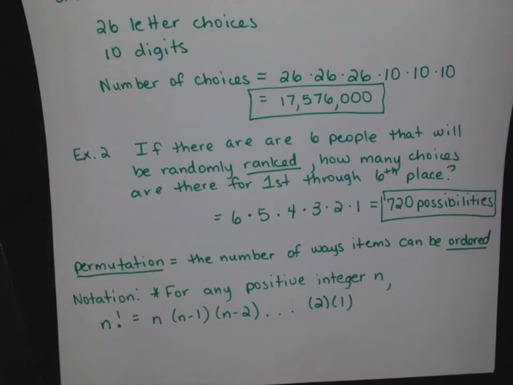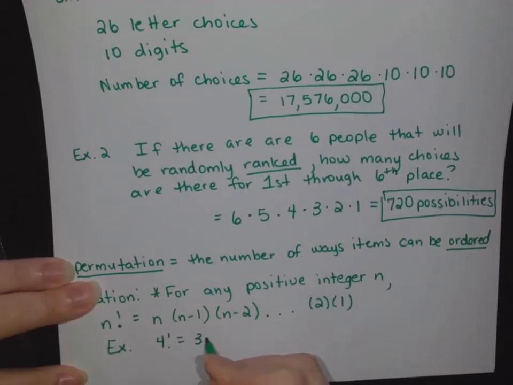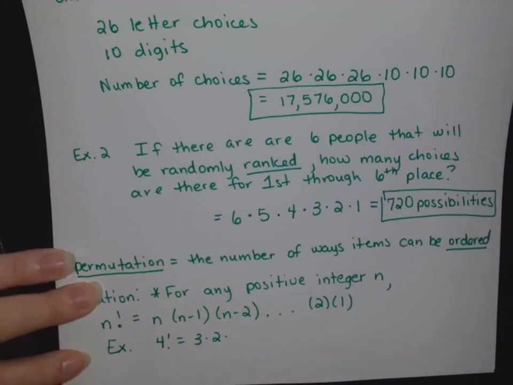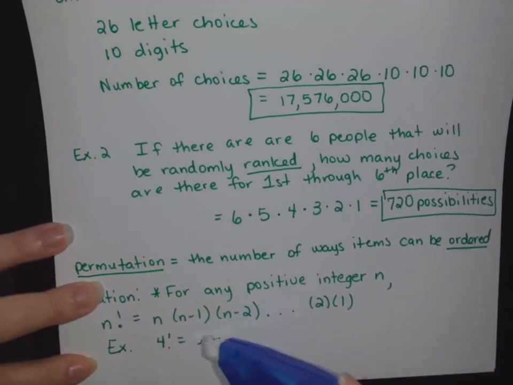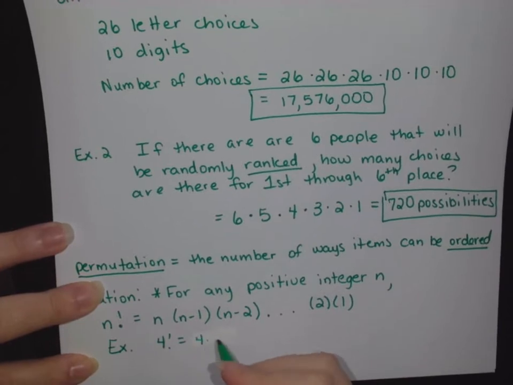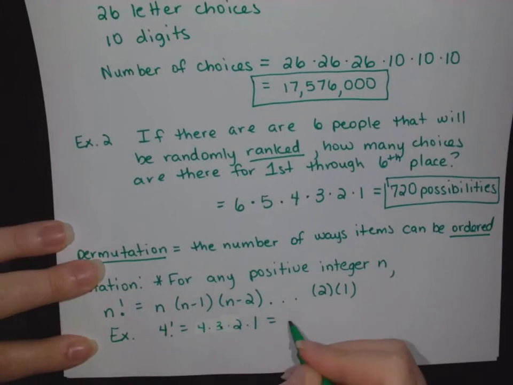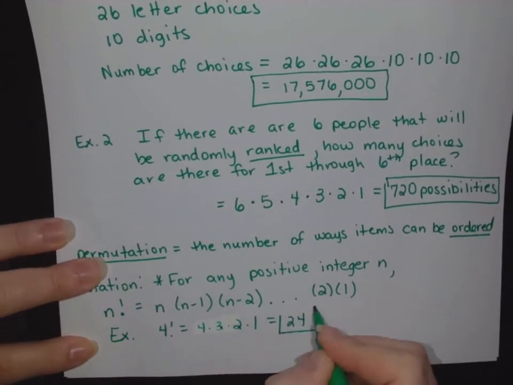Like you literally go down by 1 until you reach the number 1. So let's just do a brief example. 4 factorial would be 4 times 3 times 2 times 1. And notice that's exactly what we did in that previous example. In example 2, we looked at 6 factorial.